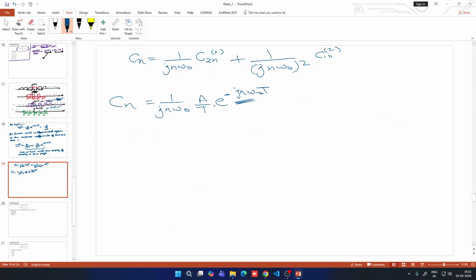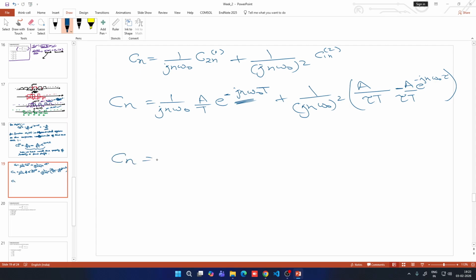So this is minus a by t into 1 by jn omega naught plus 1 by jn omega naught whole square. C1n will be a by tau t minus a by tau t into e to the power minus jn omega naught tau.